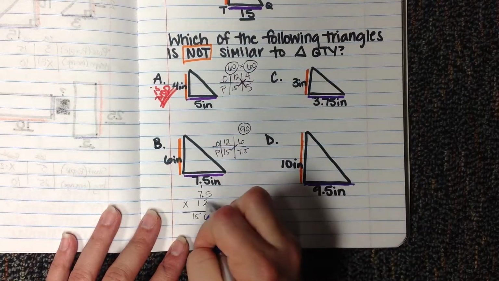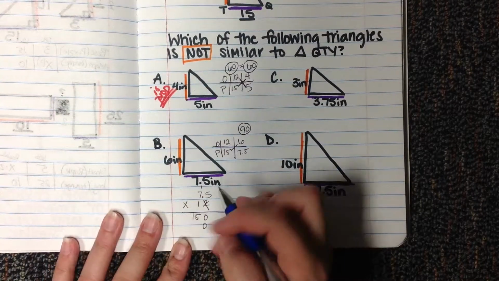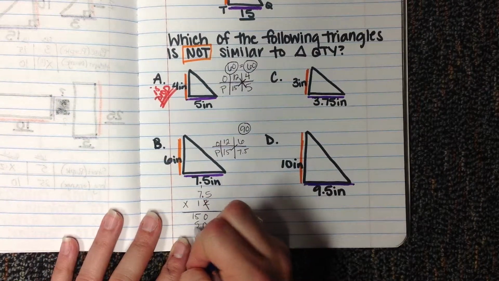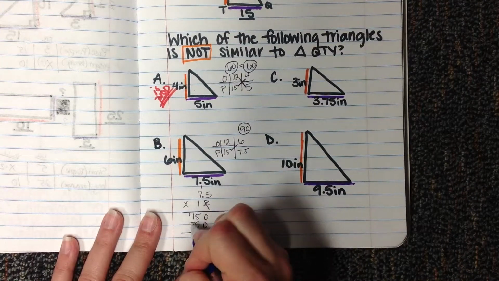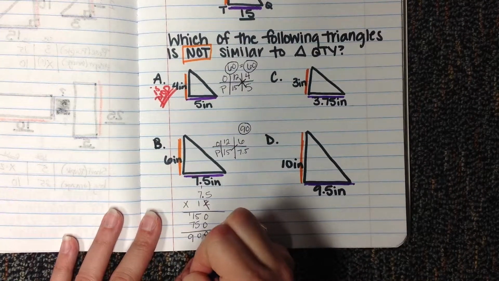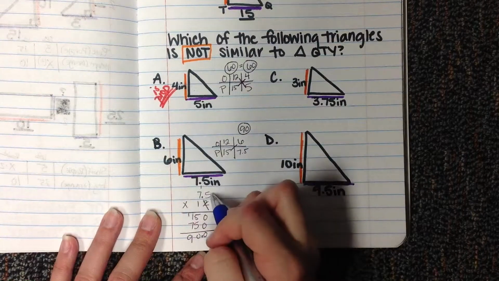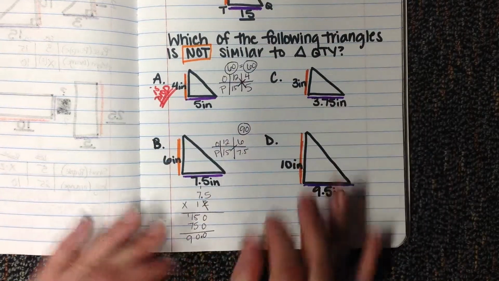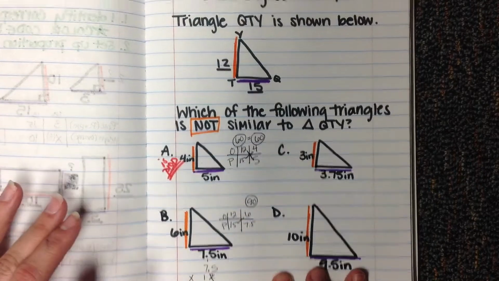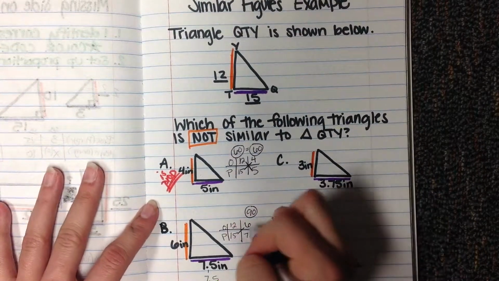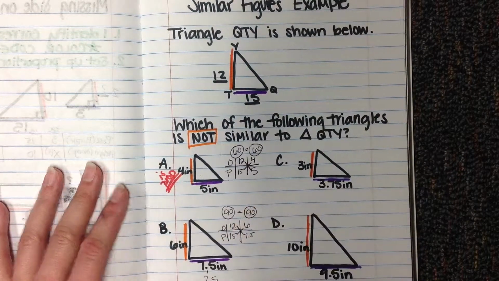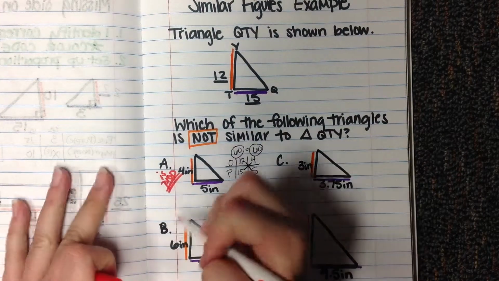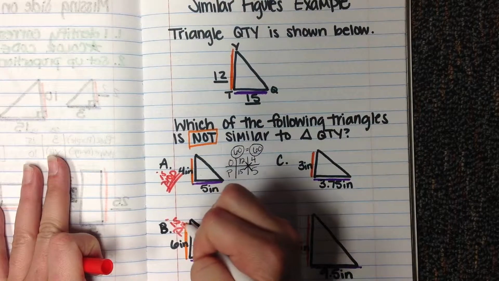I hold a place, get rid of the number I've already multiplied with. 1 times 5 is 5. 1 times 7 is 7. 90. Remember, there's one place after the decimal, so one place after the decimal. So I'm going to come back up here. 7.5 times 12 is 90. 90 is equal to 90, so B is proportional.